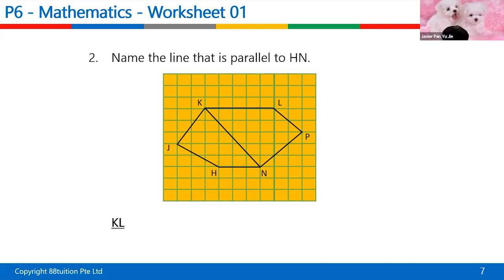The lines will never meet. Yeah, you're right. Okay, they will never meet. And what else do you know? The distance between the lines will be the same throughout, all right? So in this case, which lines are parallel?